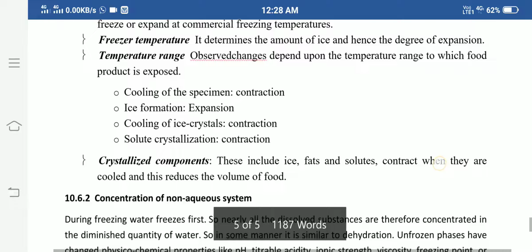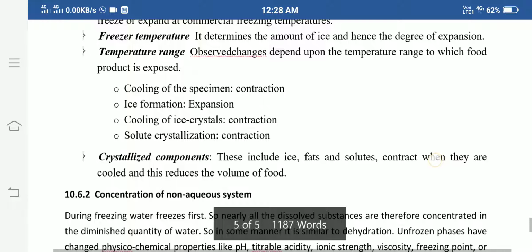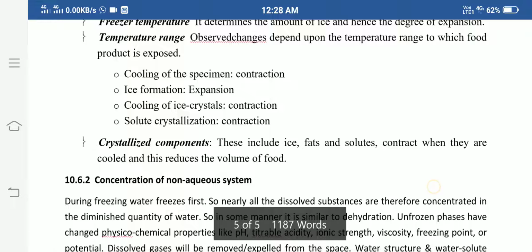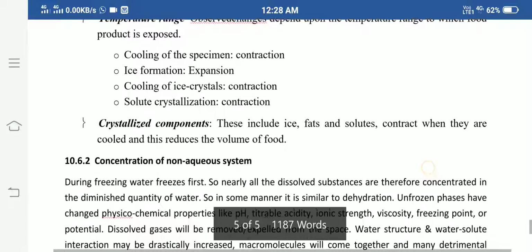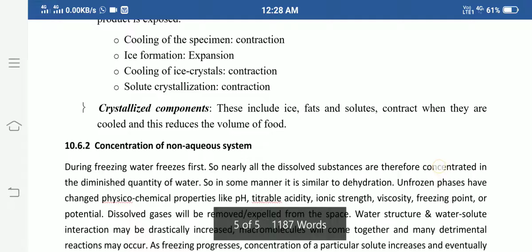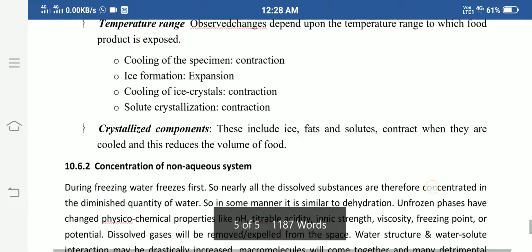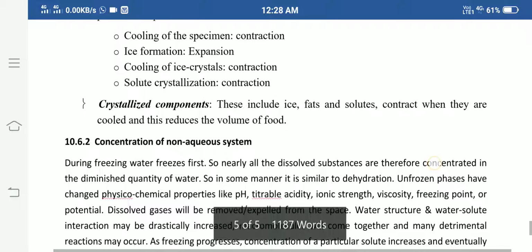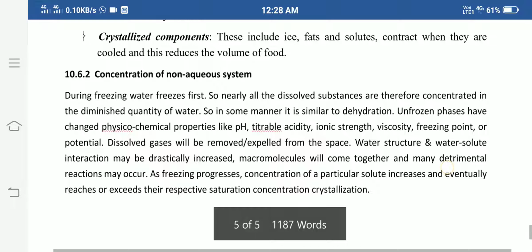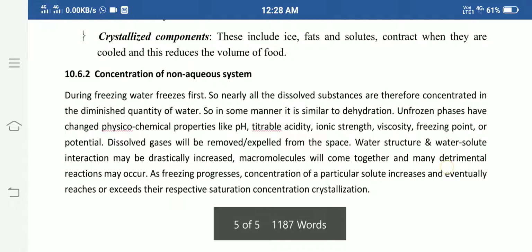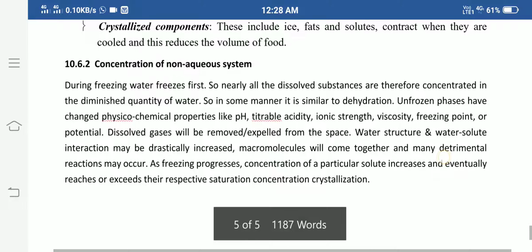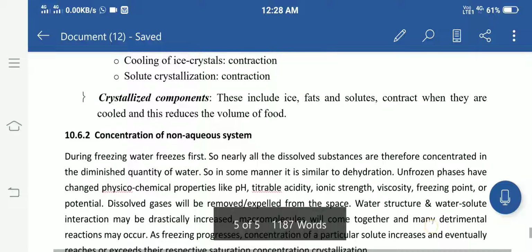Now freezer temperature depends on the degree of expansion. Then temperature range also depends on the product as well as the process or technology that is selected. Then crystallized components: ice, fats and solutes contract when they are cooled, and this reduces the volume of food.